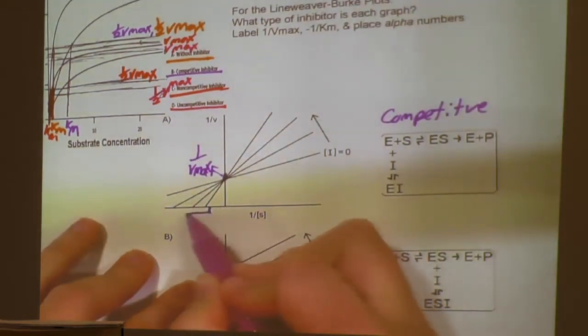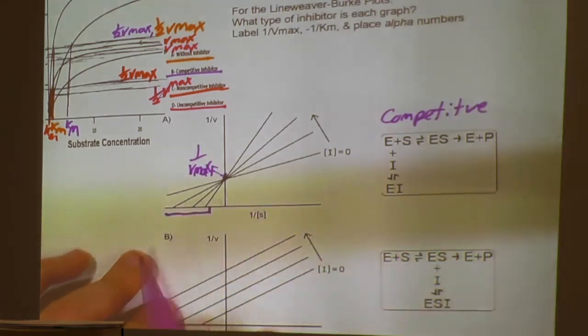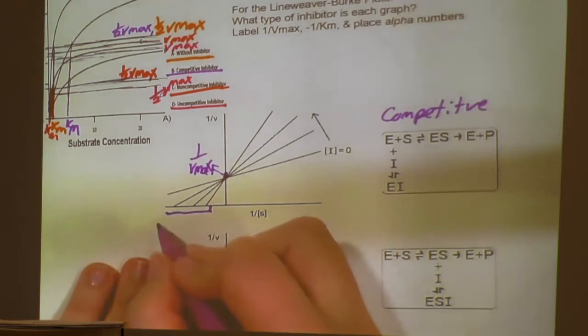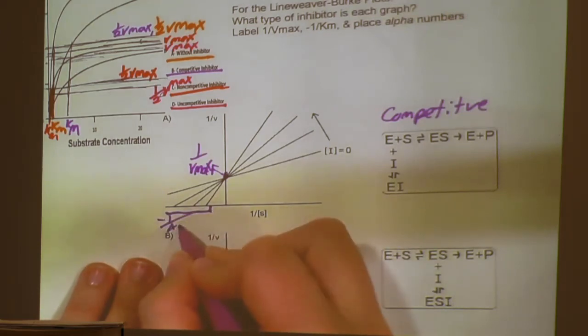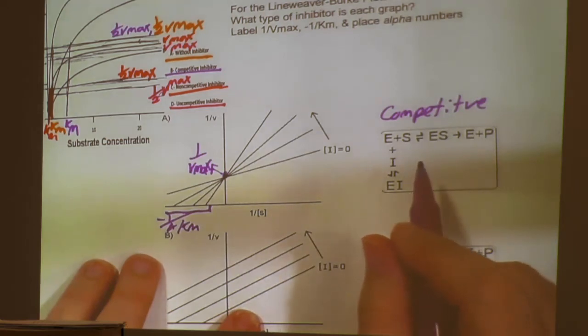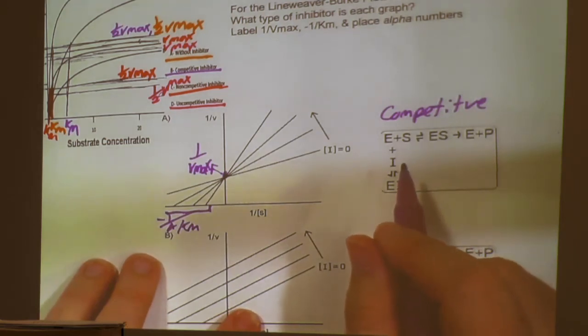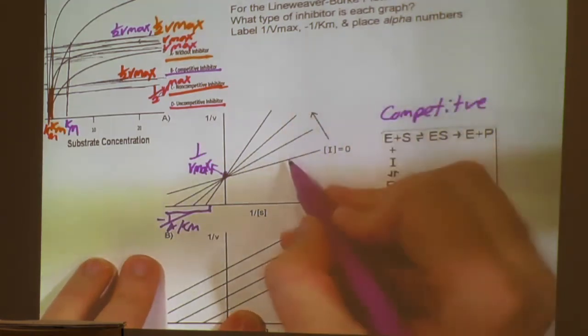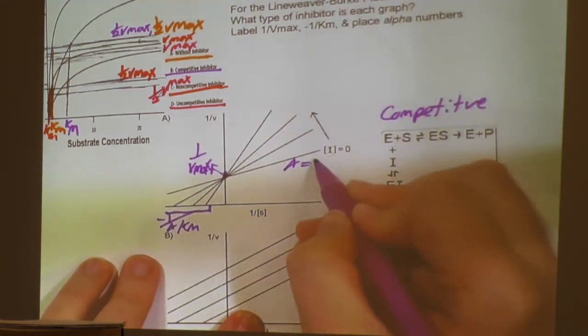And what are these intercepts called on the x-axis? So it's -1/alpha Km. And where are your alpha numbers? Where can you find them? So if there's no inhibitor here, alpha is equal to 1.